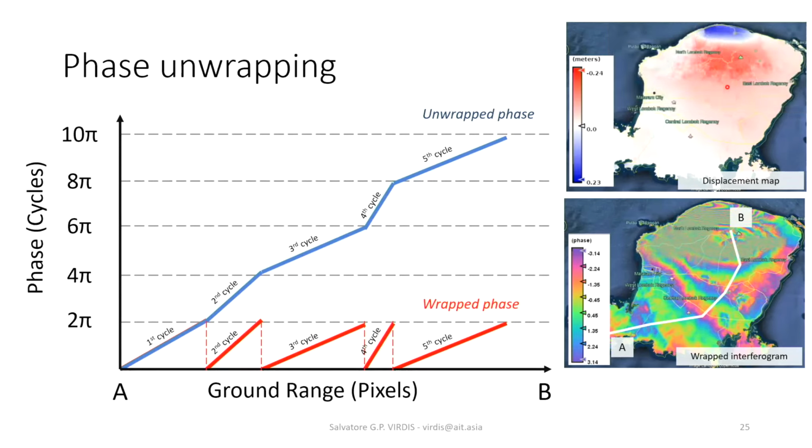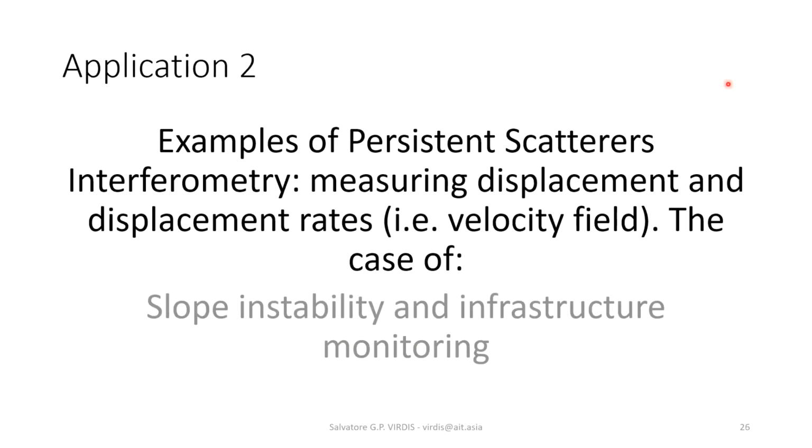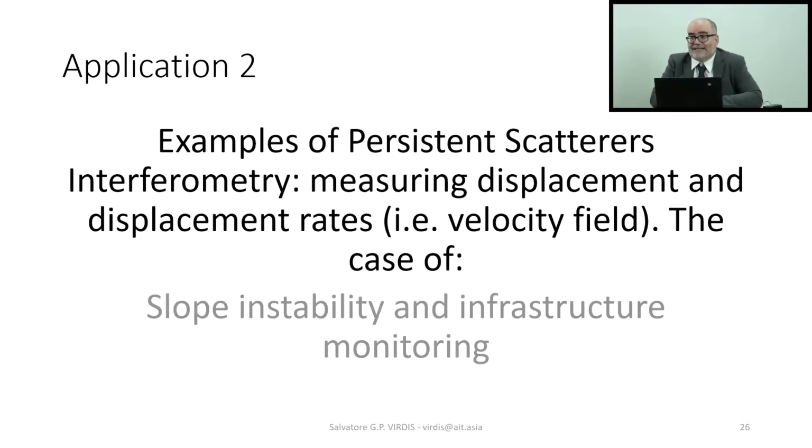Okay, how much? We have a color code around 24 centimeters in the central part, and in the northern part 23 centimeters towards the satellite. So this was a conventional InSAR application.